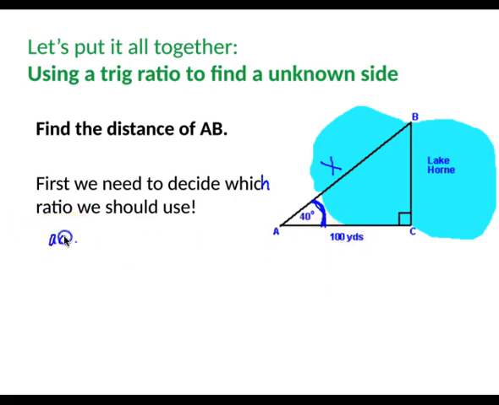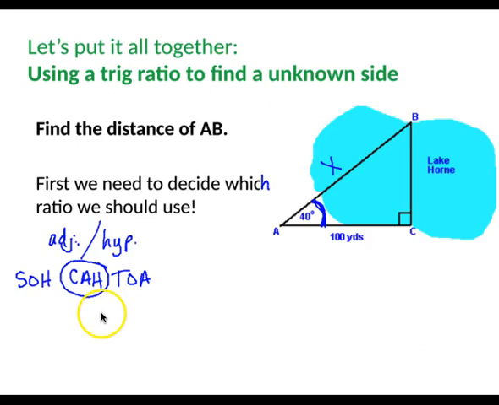So when we've got the adjacent and the hypotenuse, which trig ratio uses those? I always think, okay, we've got SOH, CAH, and TOA. Which one uses the adjacent and the hypotenuse? CAH. So we're going to use cosine. To solve this, we would say the cosine of 40.